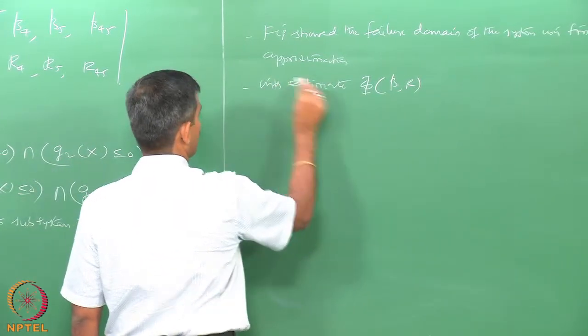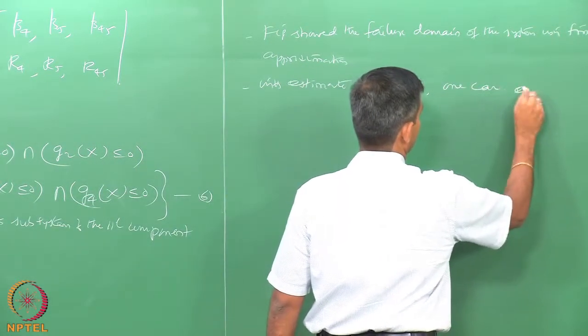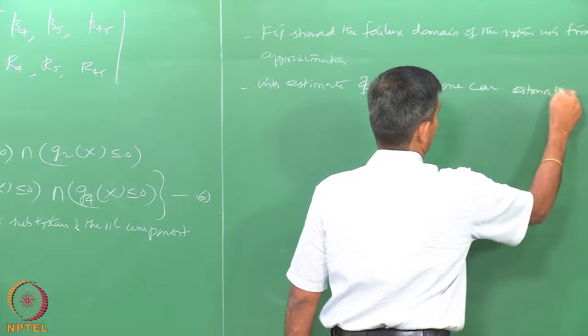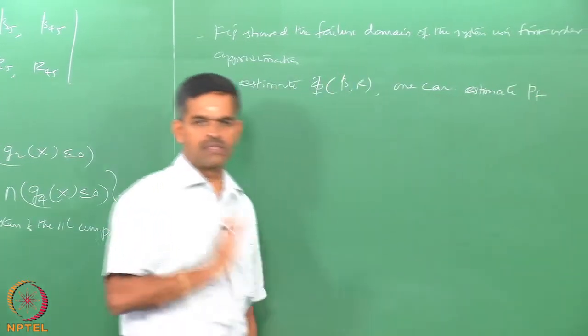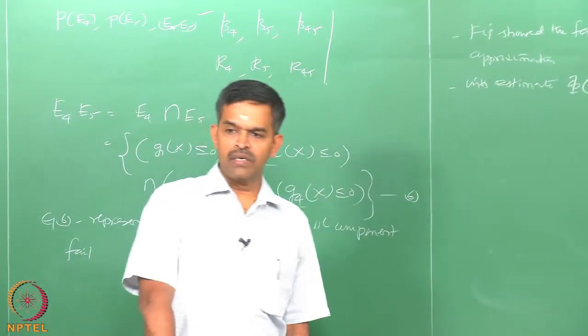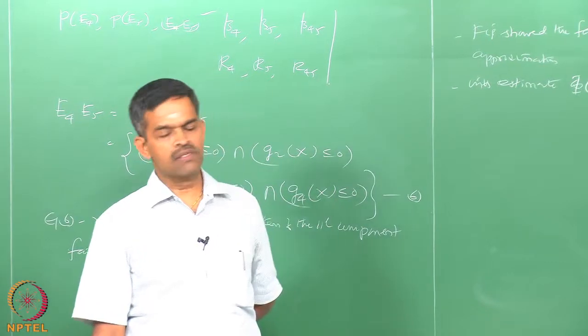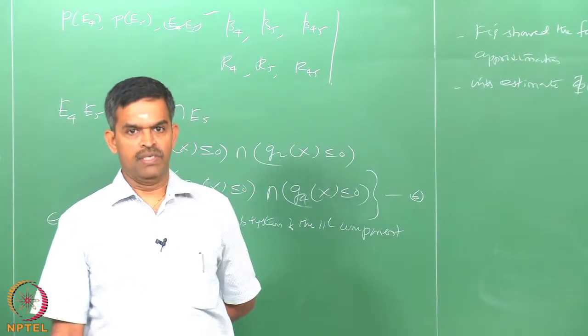With the estimate of phi in beta and R, one can estimate the probability of failure of the given system, which has been replaced either by equivalent parallel systems with minimum path sets or equivalent series systems with minimum cut sets.